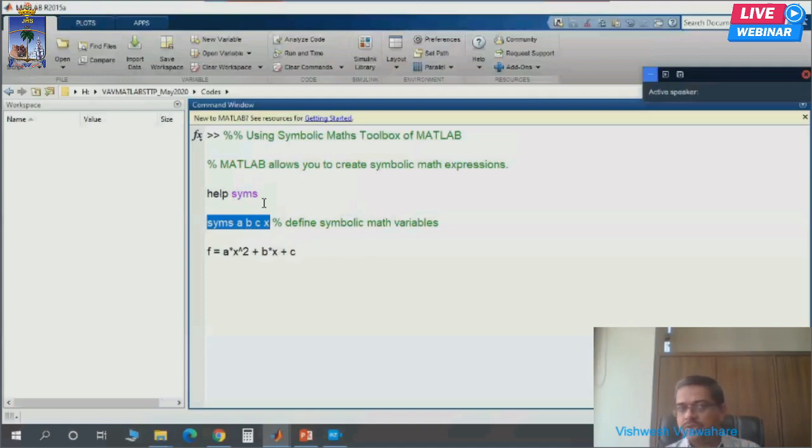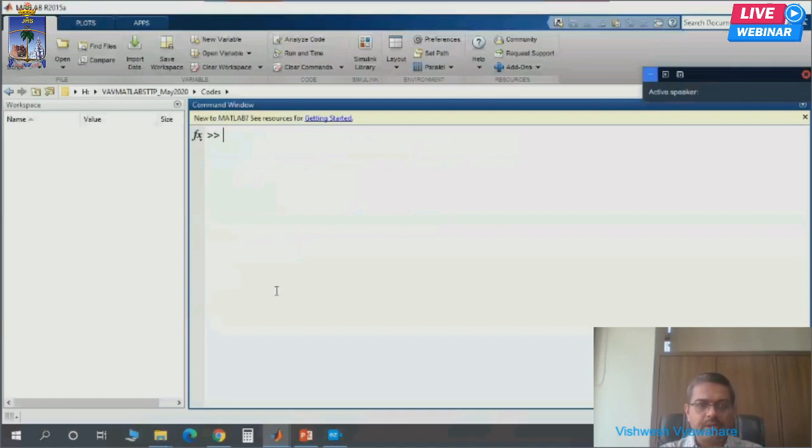You did not store any value into these. Before this, let me show you something. Now there is no variable created. If I just write x, it will say undefined function or variable x. So x does not contain any value. MATLAB has prompted an error message saying that it is an undefined function or variable.